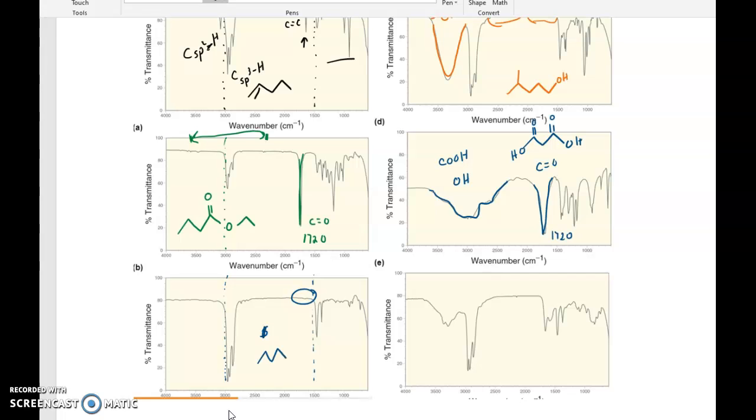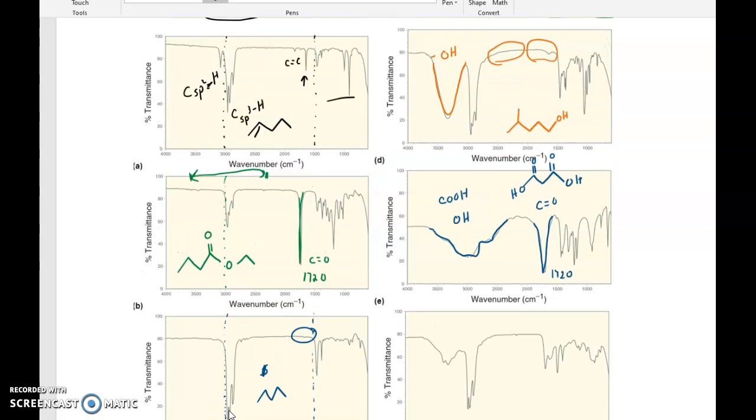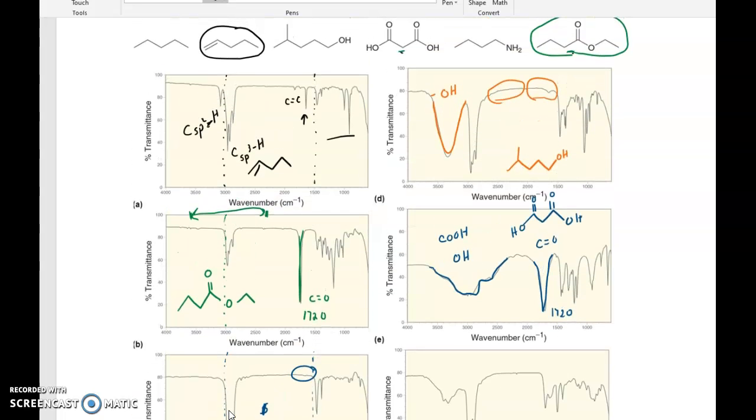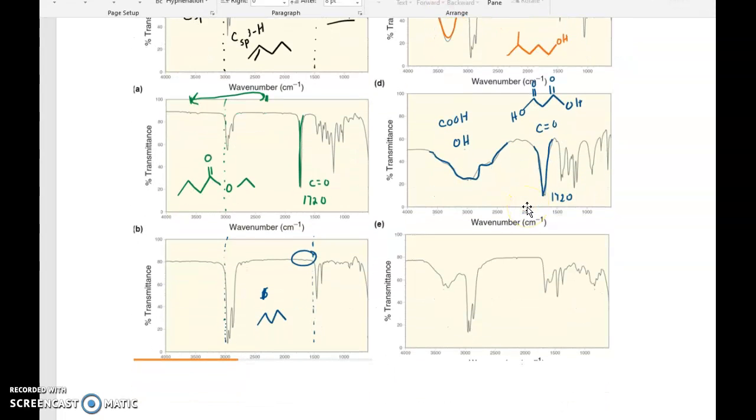That was one of our choices. And that leaves this last one, which will have to be this amine. That's the only thing left. But let's look and see why we think it would be the amine. Well, we don't see any indication of double or triple bonds.